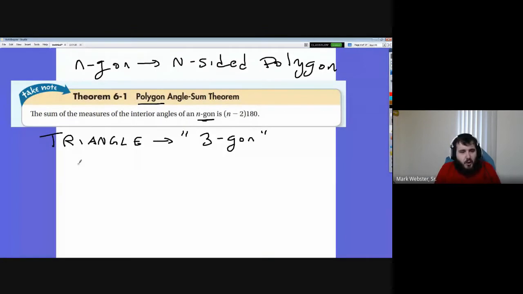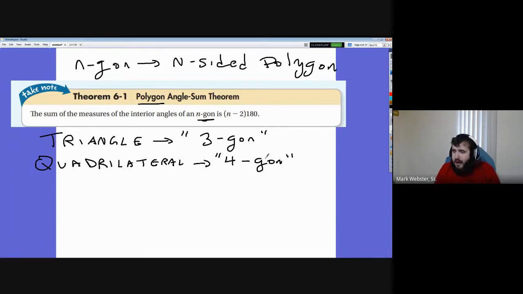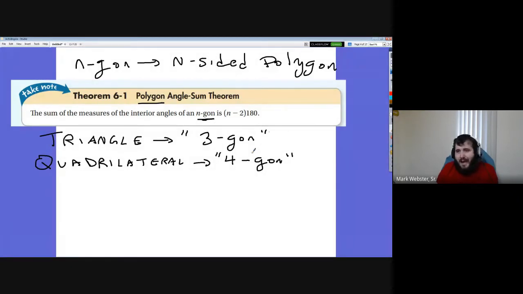Yeah, a quadrilateral. Four-sided figure, right? And we know pentagon, hexagon, 5 sides, 6 sides. Heptagon, 7 sides. Octagon, 8 sides. Nonagon, 9 sides. Decagon, 10 sides.